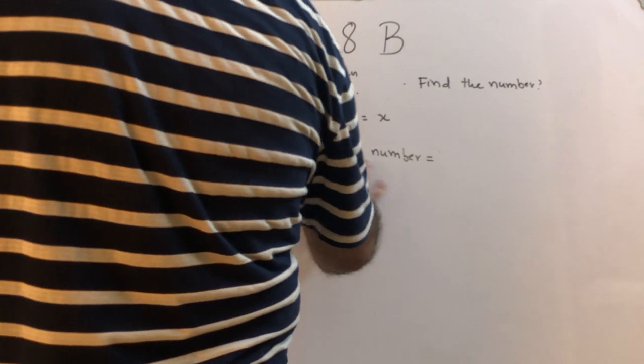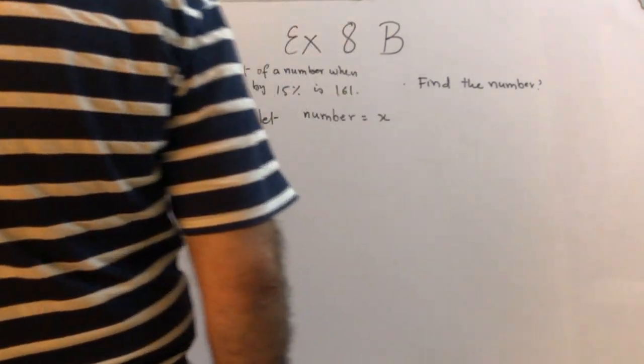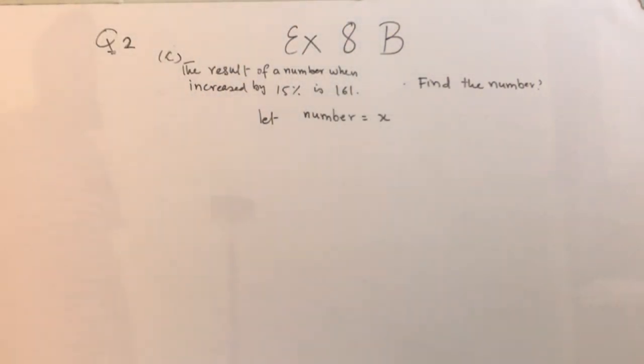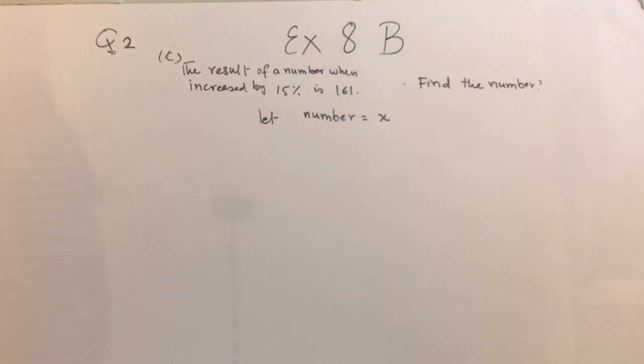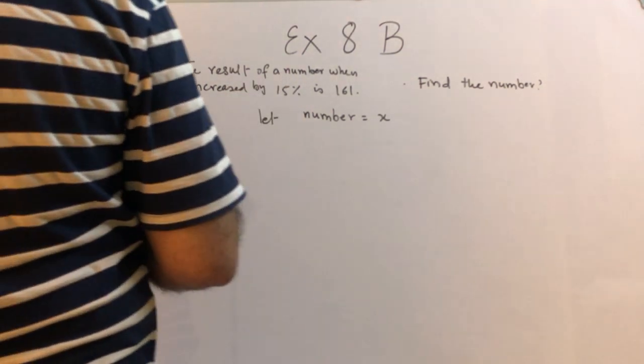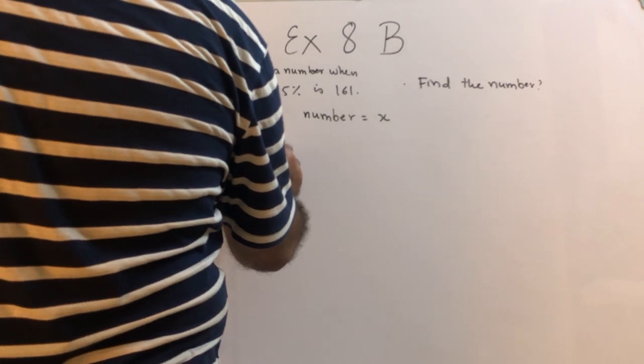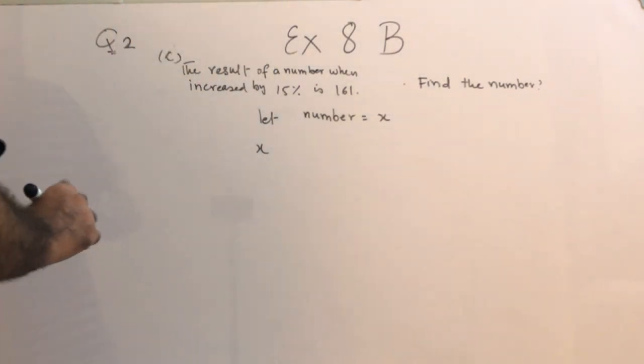They say that when we increase a number by 15%, it becomes 161. So what is that number? That number is x. So this x is 100%.